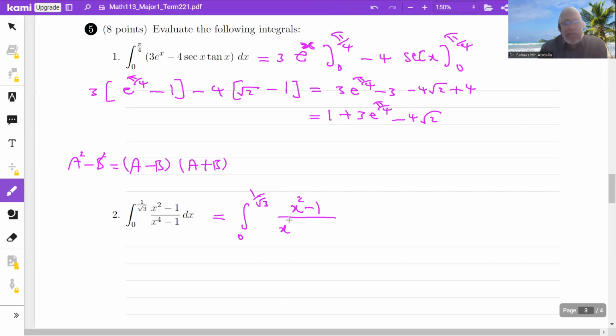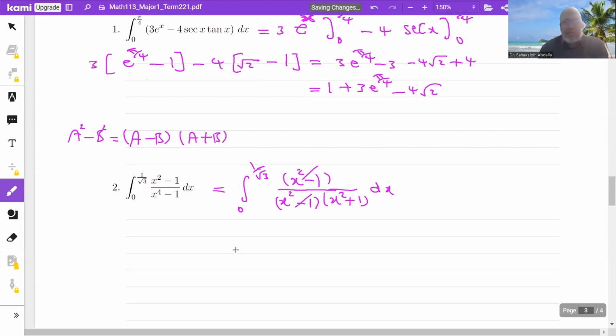I can write this as x squared minus 1 because 1 is 1 square times x squared plus 1. And now I can cancel this with this. And once I cancel, I'll have 1 in the numerator over x squared plus 1. And the integral of 1 over x squared plus 1 is just tan inverse x.